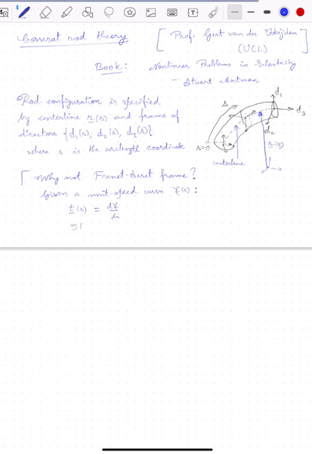And then the normal vector was defined as 1 by kappa of s times dT vector by ds.